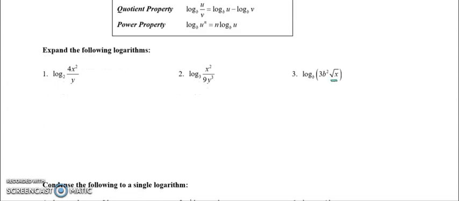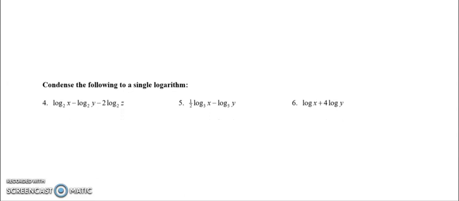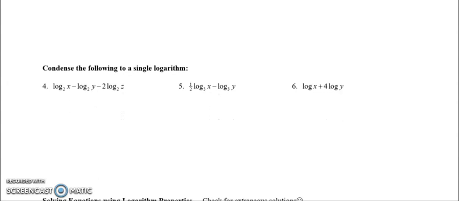Maybe check this out here. You've got a square root of x. Think of that as an x to the 1/2 power. Then you're going to condense some things, smush them back together. I always handle the coefficients first and put those back up as the exponents to kind of get them out of the way. These are the ones I wanted to talk about a little bit.